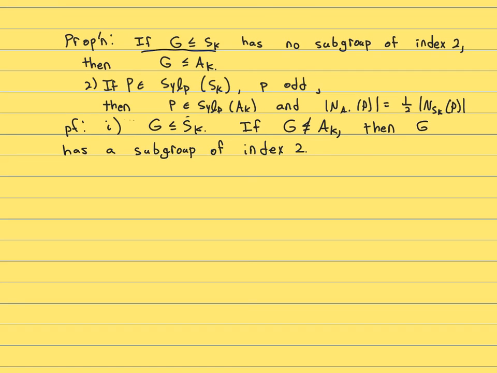That's not too hard. It's called the diamond isomorphism theorem. The diamond isomorphism theorem tells you G intersect A_k is normal in G. And you can check that it has to have index 2.